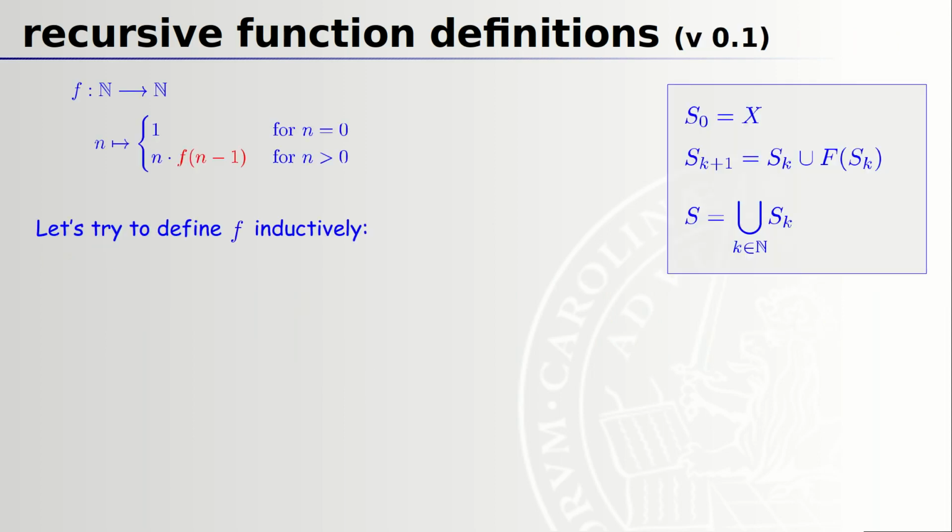So let's see what we can do with an inductive definition. Let's start with f0 being the empty set. We could put base cases in there, but not every recursive function definition has explicit base cases. So let's just start with the empty set. This is the step from fi to fi plus 1. We add the pair 0, 1, which happens to be the base case, as well as the pair n, n times fi of n minus 1, for each positive natural number n.